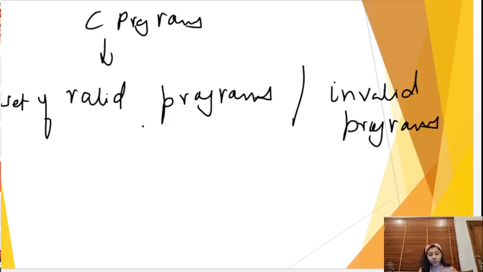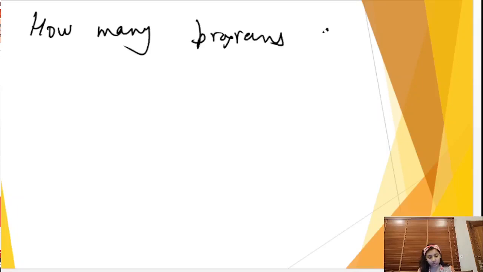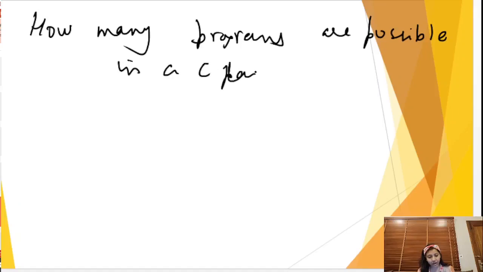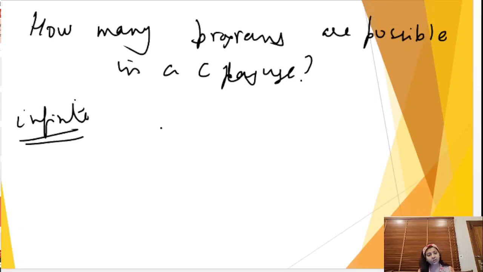In order to understand valid programs, if I ask how many programs are possible in the C language, obviously the answer will be infinite. There can be infinite programs that we can write, let's say P1, P2, so on up to some Pn.